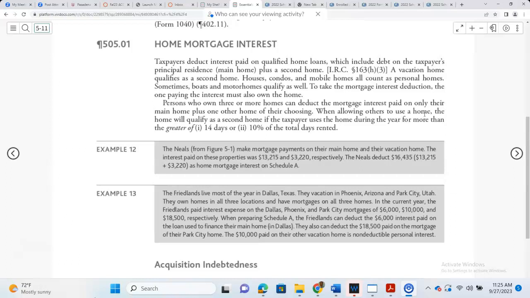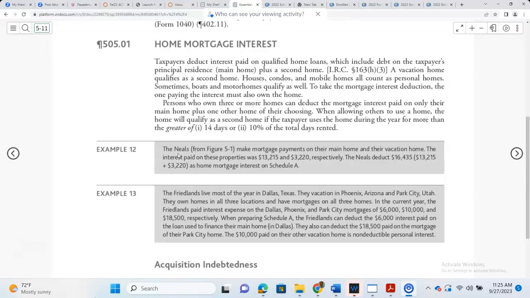When allowing others to use a home, the home will qualify as a second home if the taxpayers use the home during the year for more than the greater of 14 days or 10% of total days rented. So that will be a second home if they use it more than 14 days.